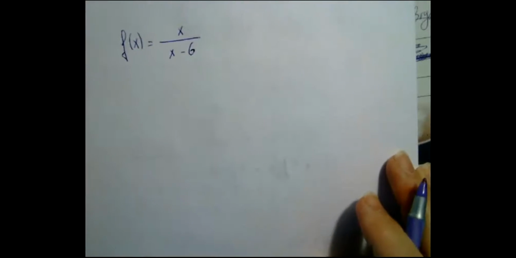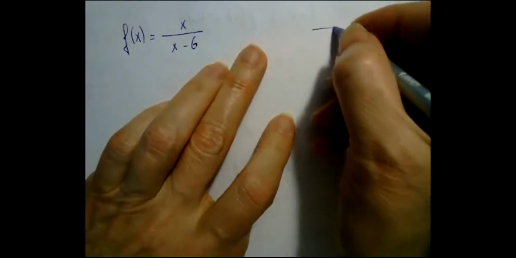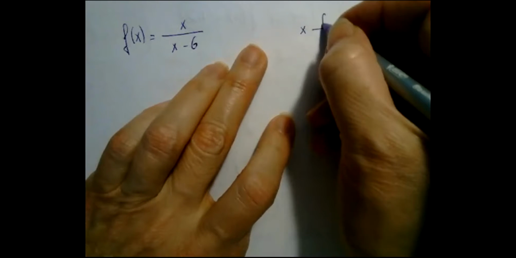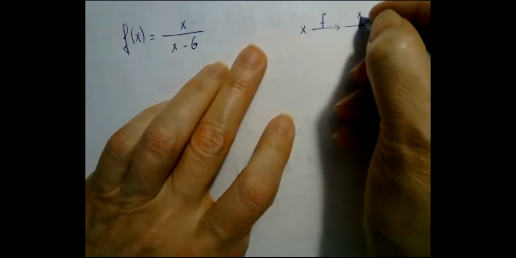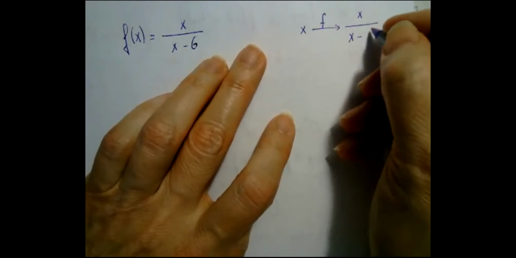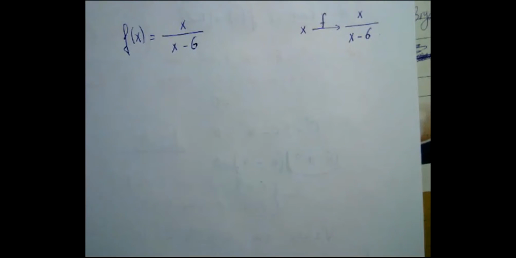So number 3. My function now is x over x minus 6. So now my rule: you give it an input, and my f will spit out whatever you give it divided by whatever you give it minus 6. That's really what my function does.